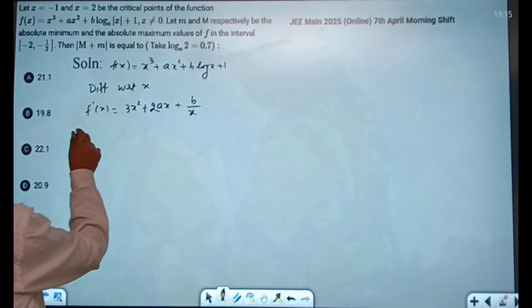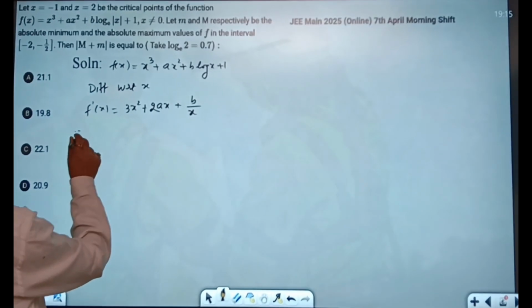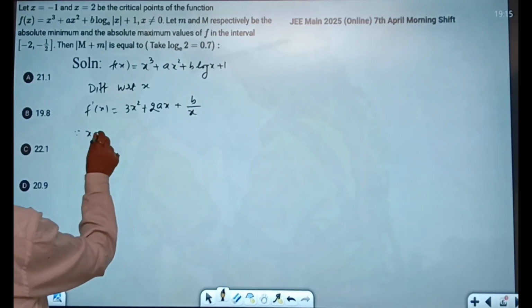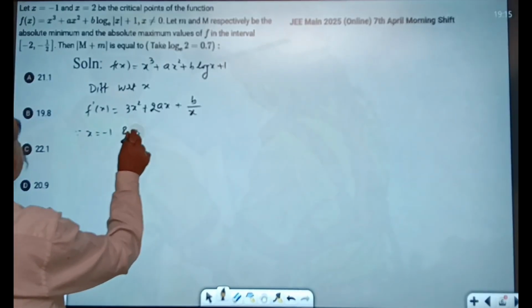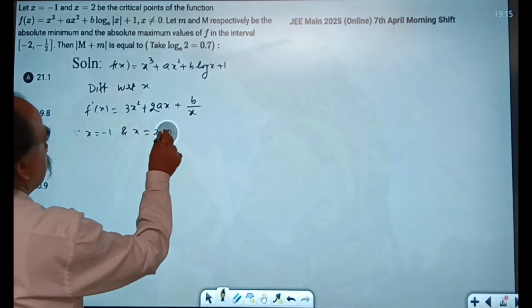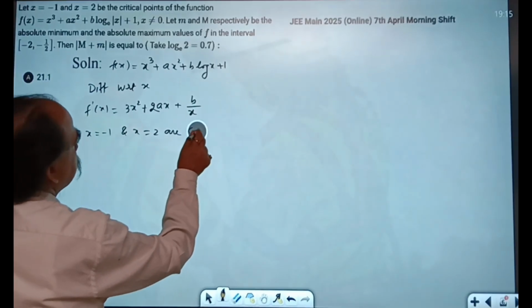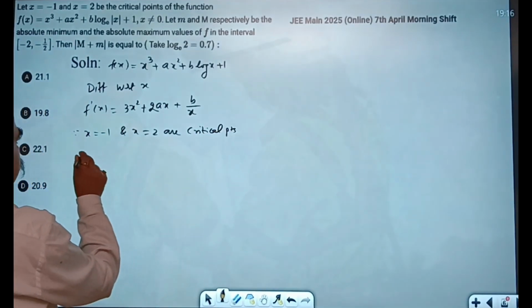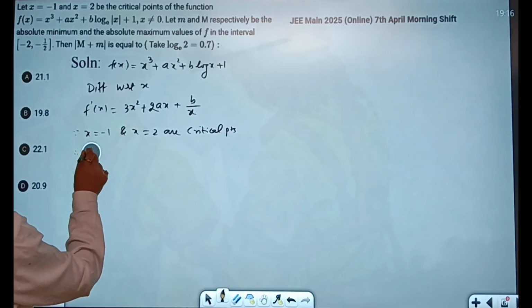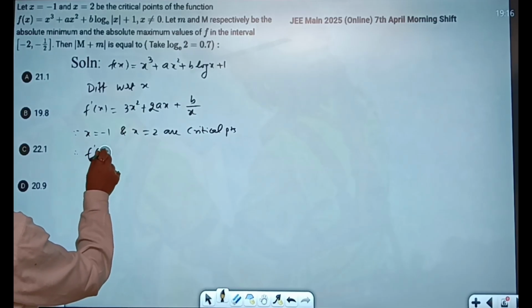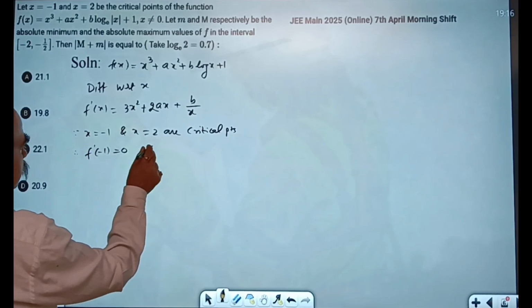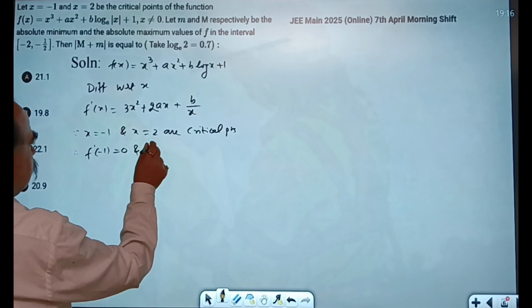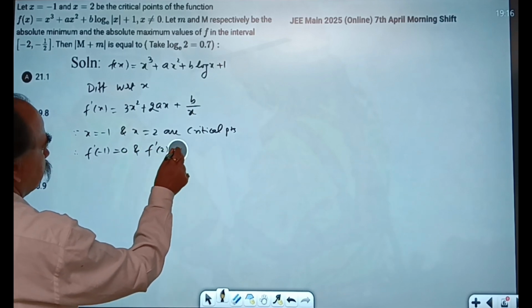Since x is equal to minus 1 and x is equal to 2 are critical points, therefore f dash minus 1 is equal to 0 and f dash 2 is equal to 0.